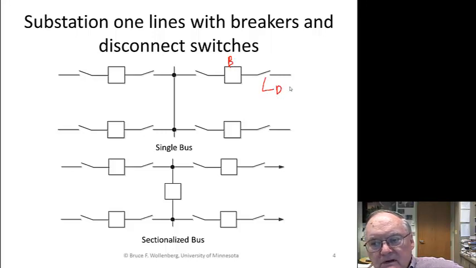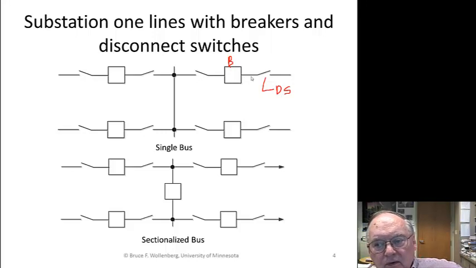I'll just say DS, disconnect switch. The breaker can operate to open large amounts of current, so that when there's a fault or when we want to energize the transmission line, we open the breaker to interrupt the current, and that would be when these are closed. And then once the breaker is open, we've interrupted the flow of current.